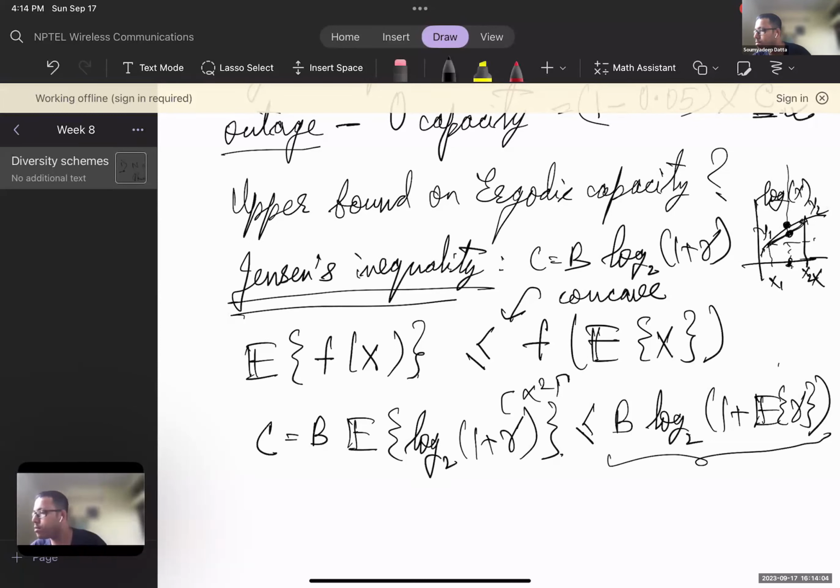And the expectation of gamma, you have calculated it in the first part, right? The average SNR: the expectation of gamma is the expectation over alpha squared times capital Gamma. You can complete the calculation over here also.